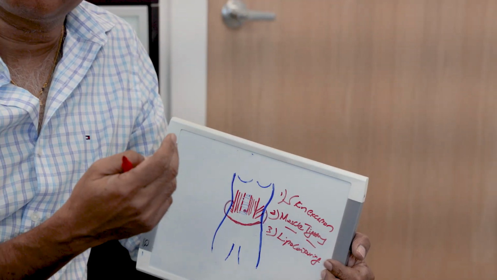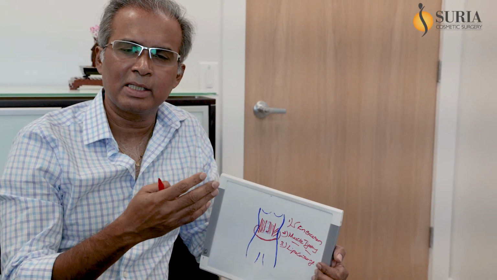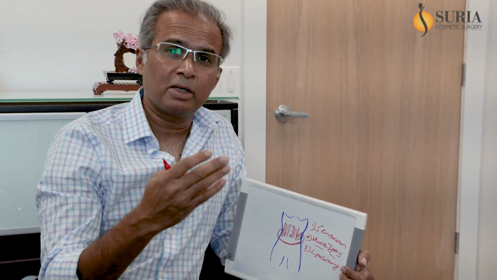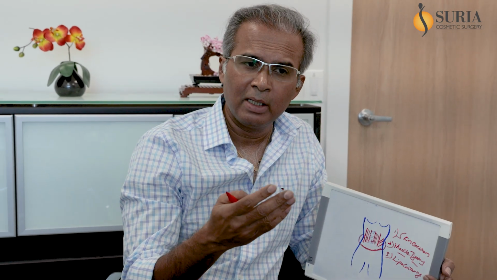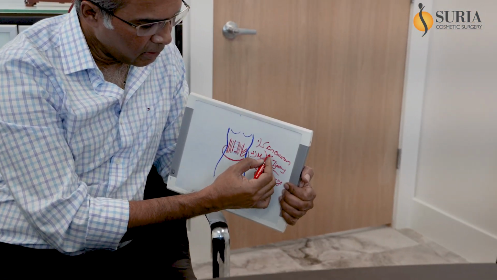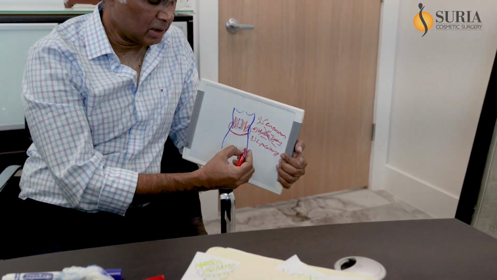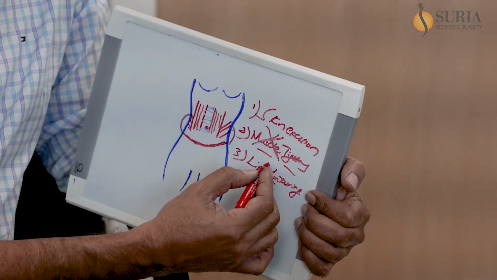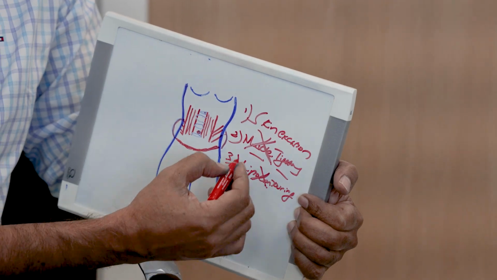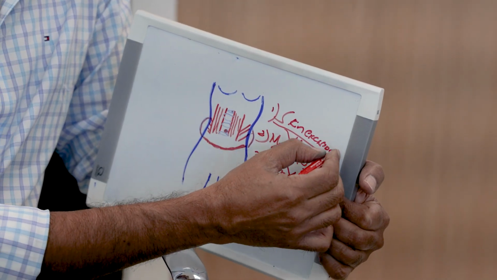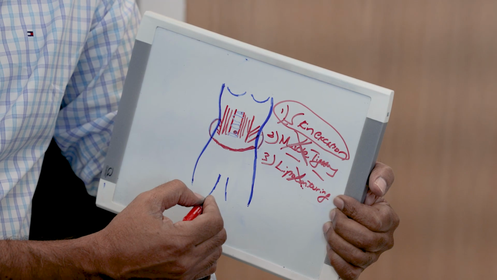In a mini abdominoplasty, in my definition, again, like I said, I'm very upfront to say that other surgeons maybe do it differently or define mini abdominoplasty differently, but to keep it practical in my practice, I do not do this part in a mini abdominoplasty, and many times patients who need a mini abdominoplasty don't even need this part. So most of this is skin excision in a mini abdominoplasty.